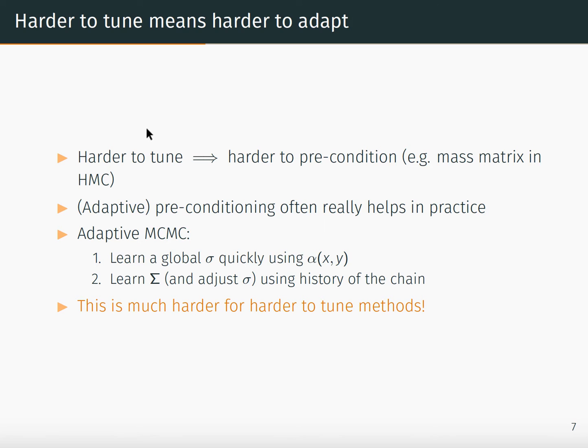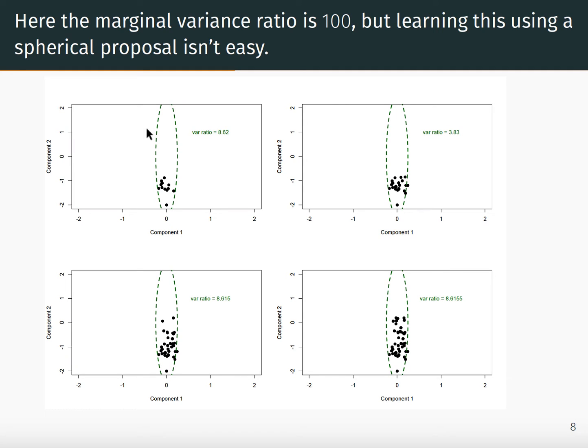So I'm illustrating this with this example here. So we've got a two-dimensional Gaussian example, and I've just drawn a one sigma ellipse here. And the marginal variance ratio here is 100. So in the y component, it's 100 times larger variance than in the x component. So what an adaptive algorithm will do is quickly tune the step size so that you can appropriately sample in the smaller component. Otherwise, you just won't accept any moves.